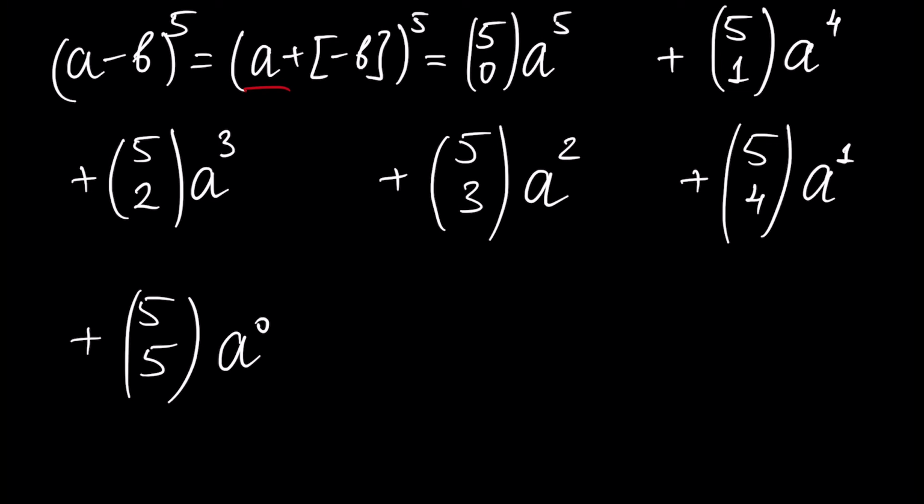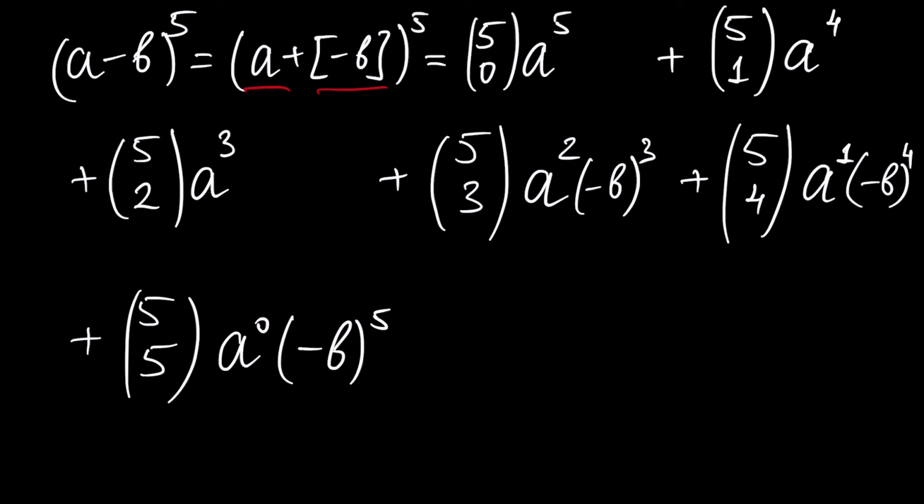And for minus b, we write this in opposite way. Minus b to the power 5, minus b to the power 4, minus b to the power 3, minus b to the power 2, minus b to the power 1, and minus b to the power 0.